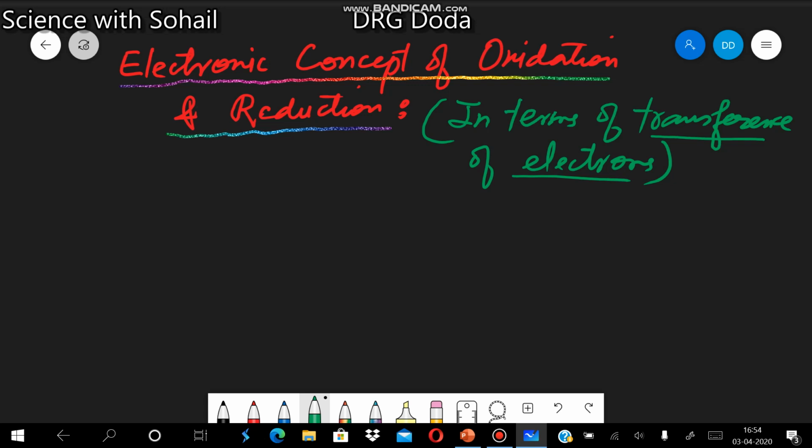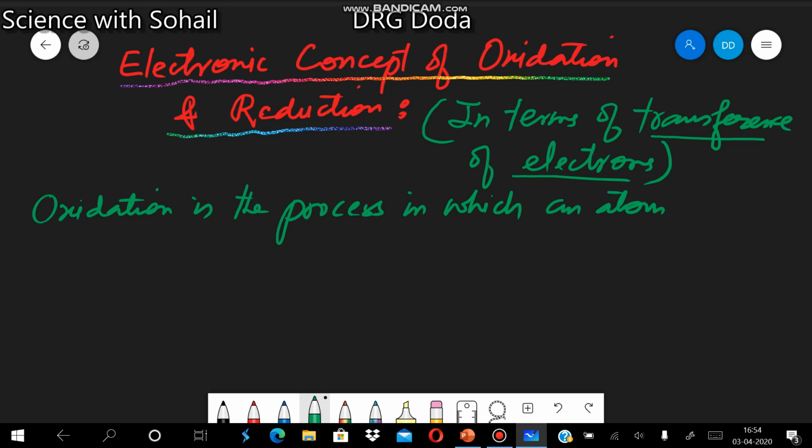Now, according to electronic concept, oxidation is the process in which an atom or ion loses one or more electrons. It means the loss of electrons is called as oxidation.